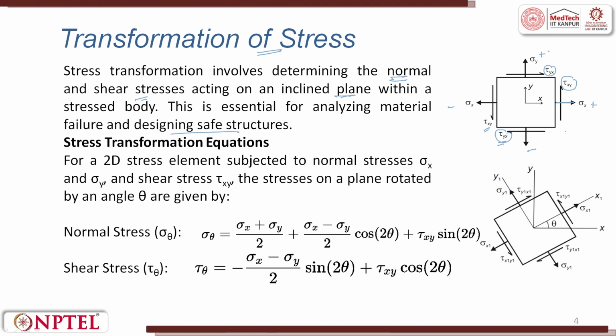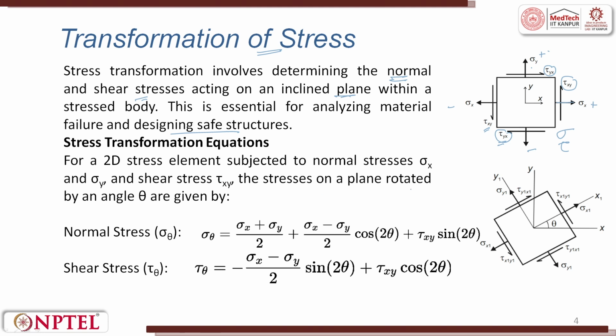So, here you see sigma and you also see tau. The suffix xy is very important. When we look at the shear transformation equation for a 2D stress element, subjected to normal stresses sigma x and sigma y, the shear stress is nothing but tau xy.